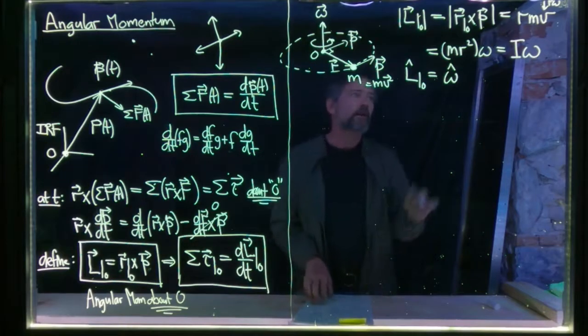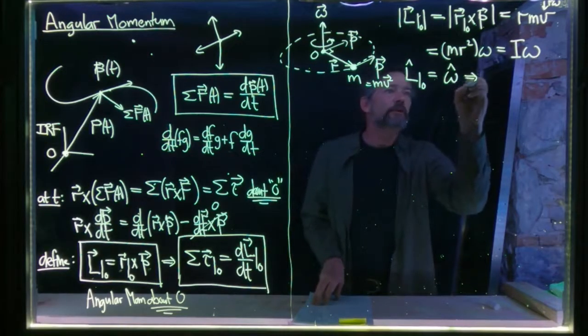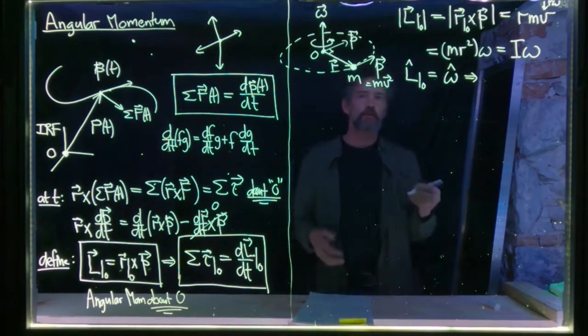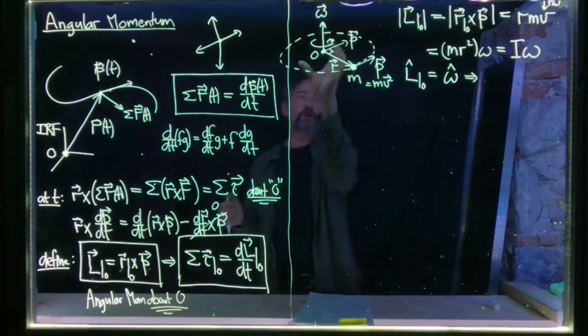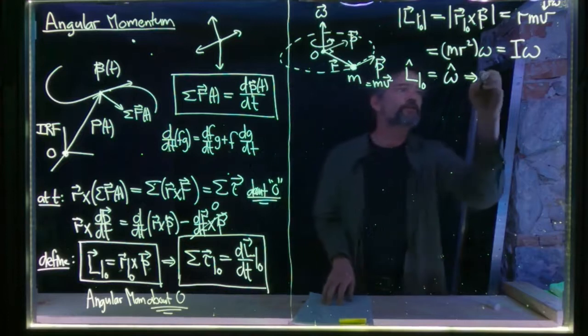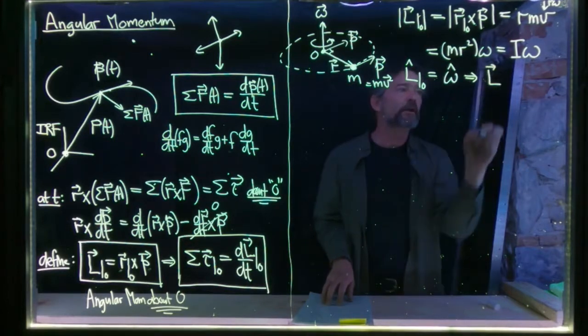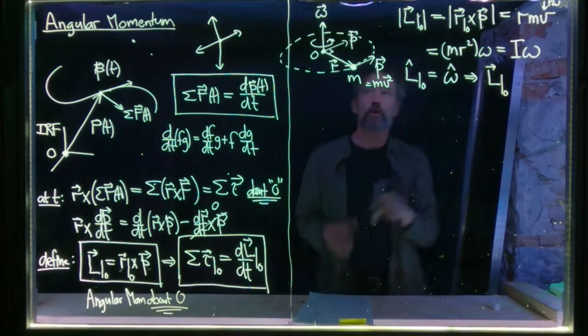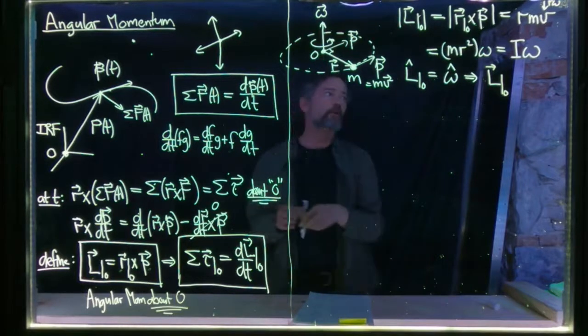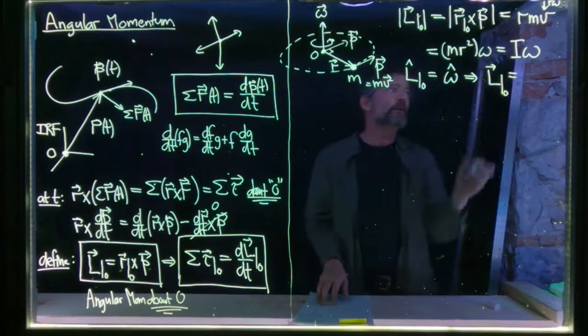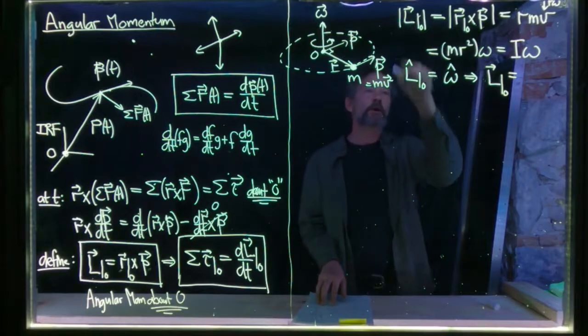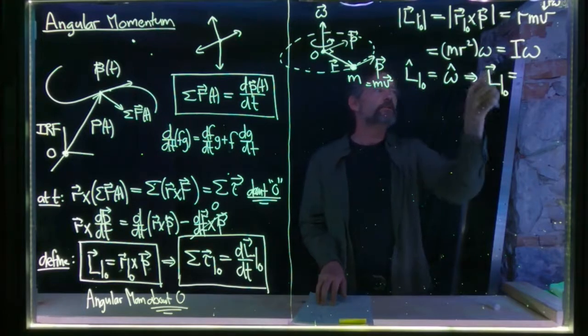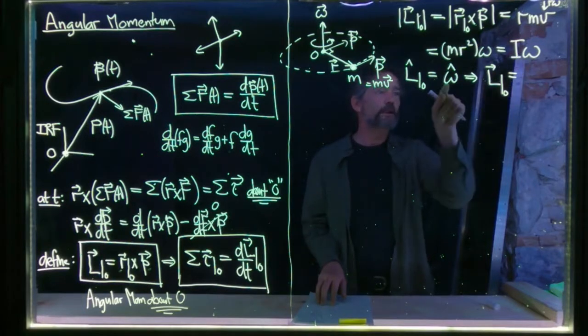And so what that tells you is that the angular momentum of this rigid body, of our super simple rigid body here, evaluated about the point O, is equal to the magnitude times the direction. So it's equal to I omega times omega hat.